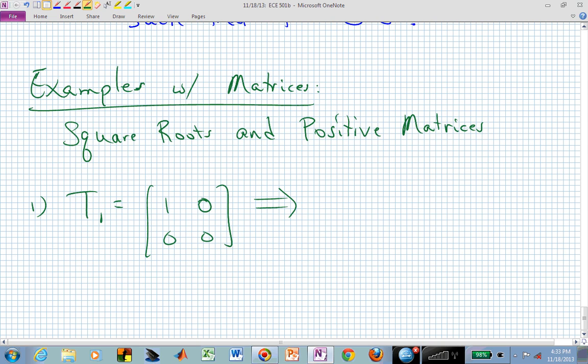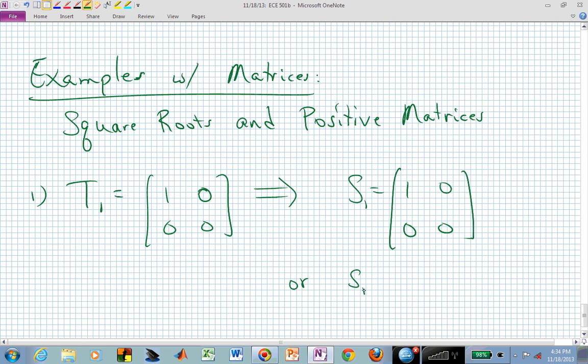Same matrix, right? Or same structure with a -1, and then that one times itself will give you T1. So you have a couple of square roots at least for this. One would be S1 is 1, 0, 0, 0. That times itself would give you T1.